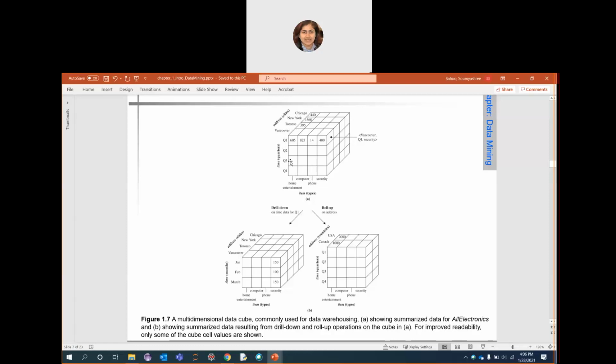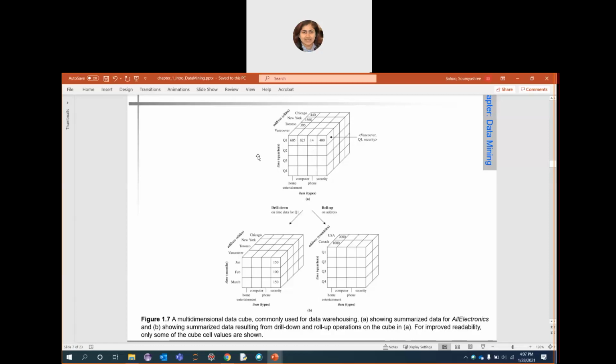Then the time, with quarter values such as quarter 1, quarter 2, quarter 3, quarter 4, and then items, which are mentioned in the bottom part of this data cube. The aggregate value stored in each cell of the cube is the cell's amount in thousands. Let's say 605,000, 825,000, 395,000, likewise.